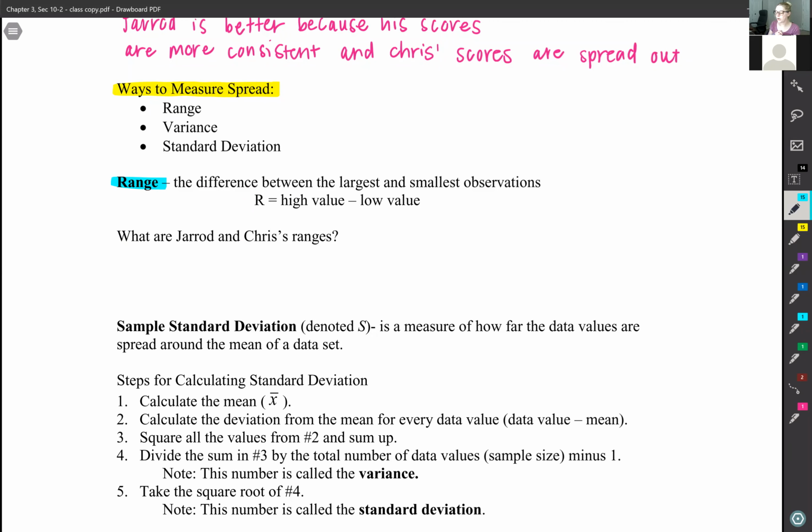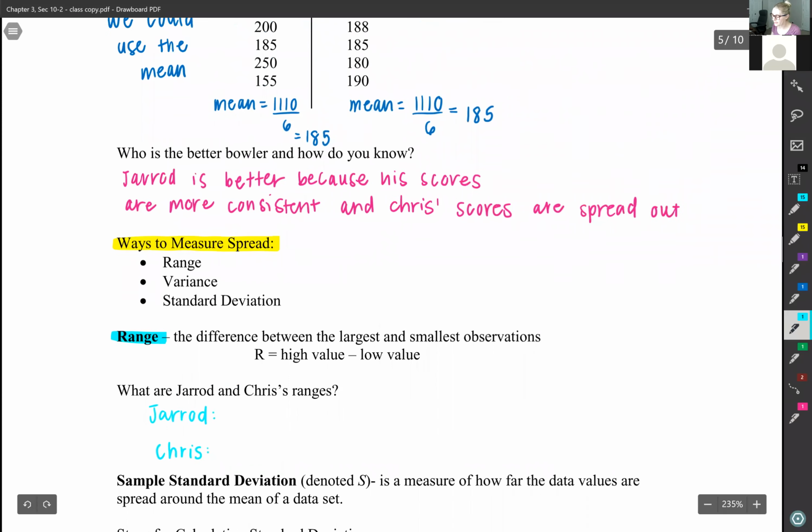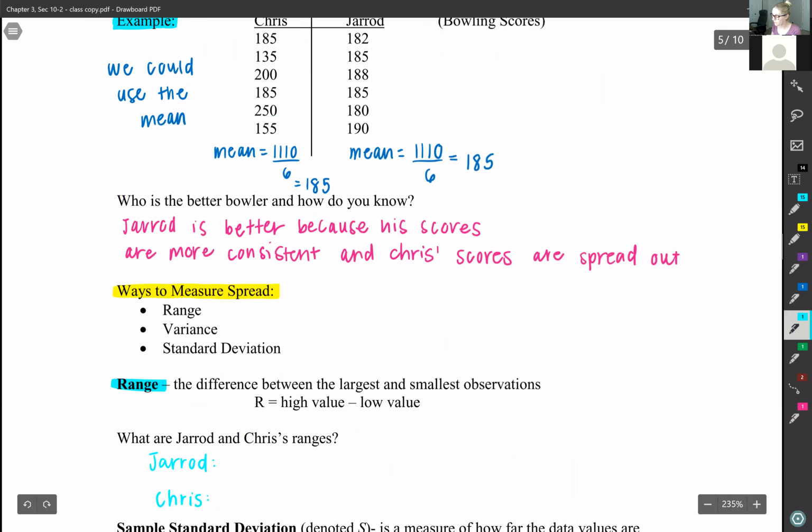So this says, what are Jared and Chris's ranges? Well, let's go ahead and calculate those. I'm going to calculate Jared's, and I'll let you guys do Chris's. We want to find the highest value and then subtract the lowest value from it.